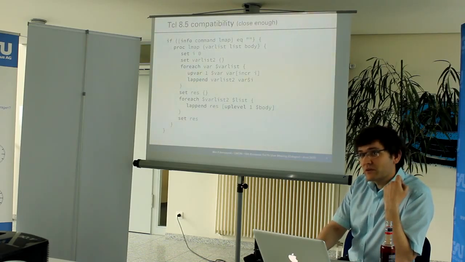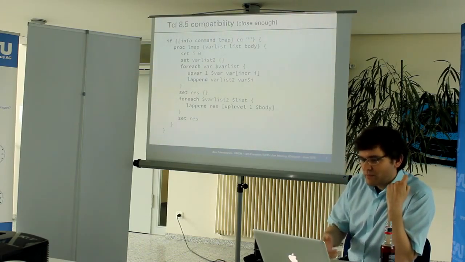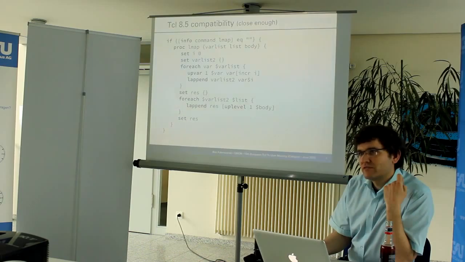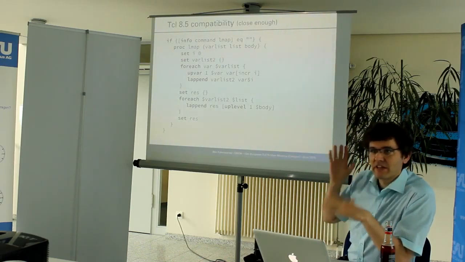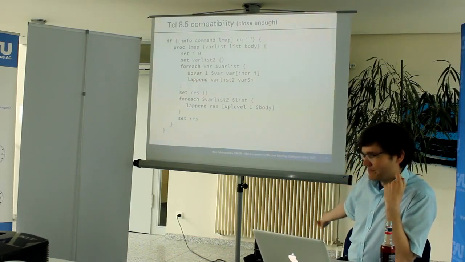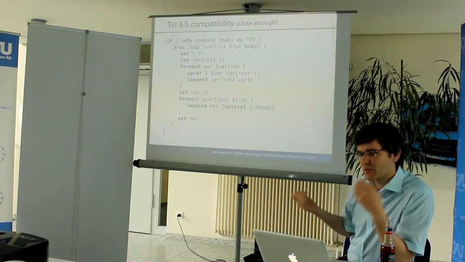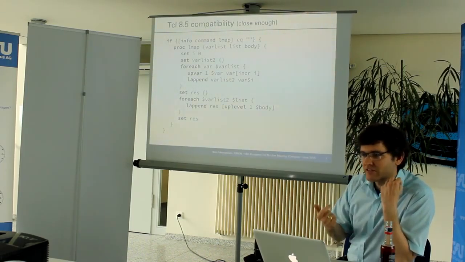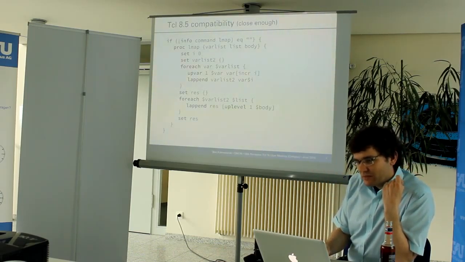Well, I do like all the new features, like LMAP and LSI and so on, but for that particular project only LMAP was relevant. So I just wrote, if LMAP is not found or has been renamed something, it'll just be defined like that. It's not a perfect match, because LMAP actually has a few different ways to be called, but for that particular project I'm using LMAP that way, so it's a very good replacement.